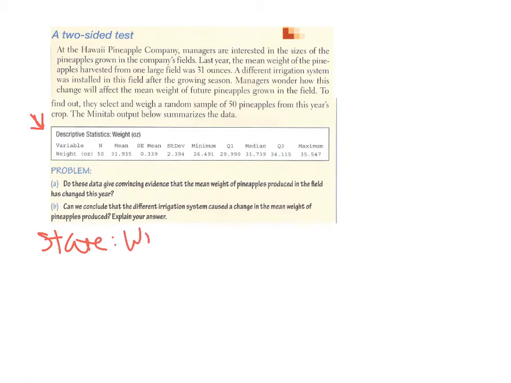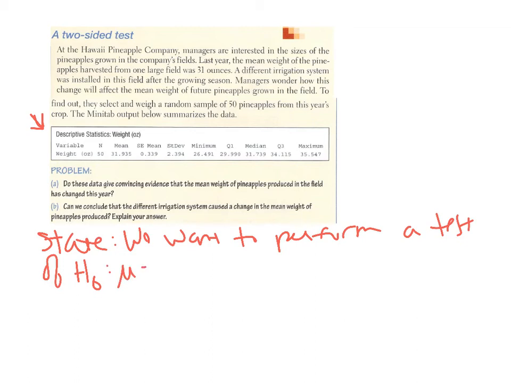You can go ahead and state your hypotheses because you need to do that in this part anyway: a null hypothesis of a mean of 31, and my alternative hypothesis that the mean does not equal 31, which makes it a two-sided test because we can go in either direction.